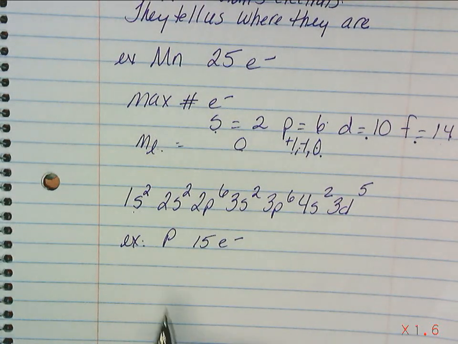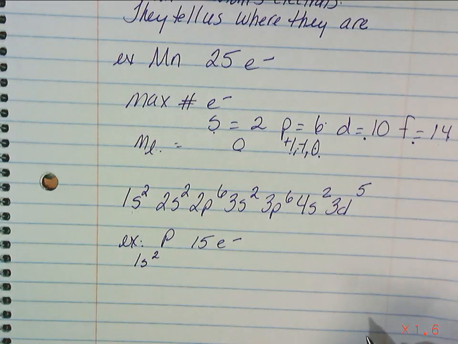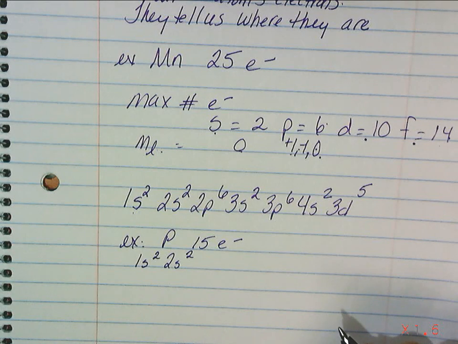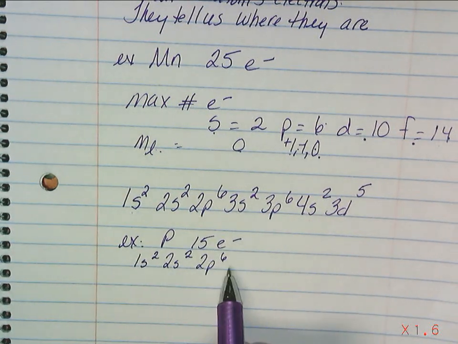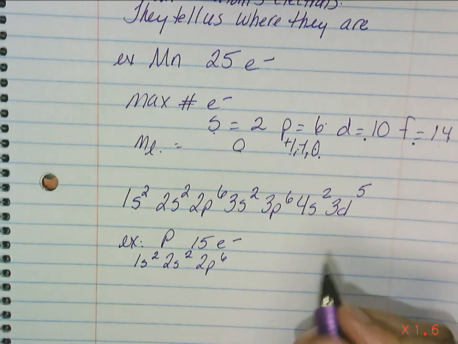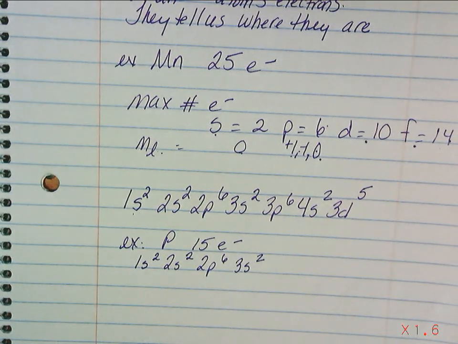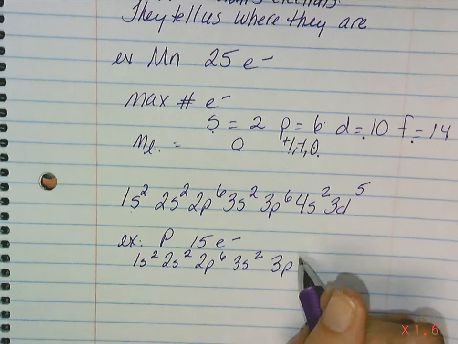Okay, first orbital, 1s, 2. Max it out. 2s, 2. 2p, 6. There's 10 electrons, 5 to go. 3s, 2. 3 more electrons left. What's after 3s? 3p. The remainder go here.